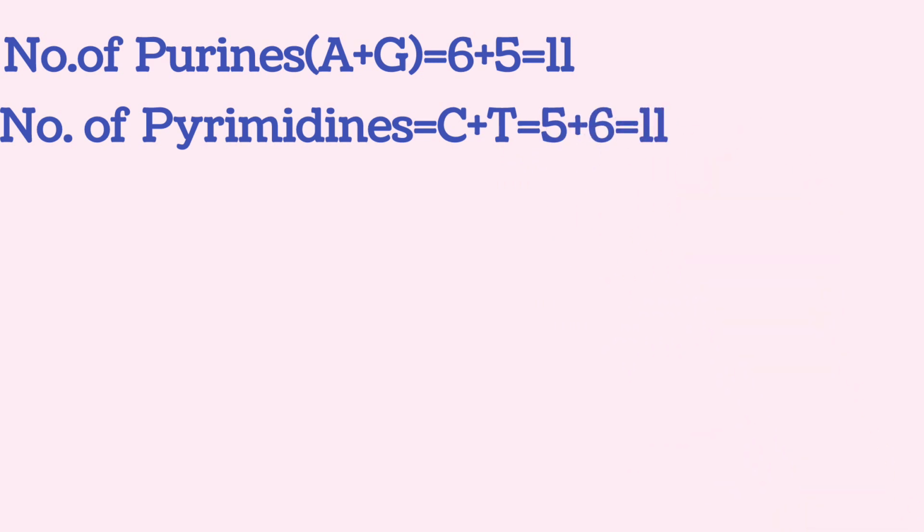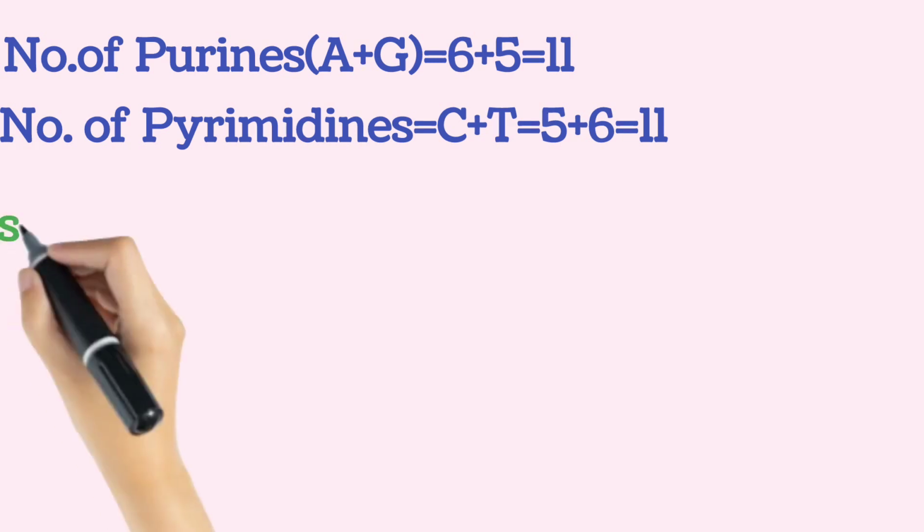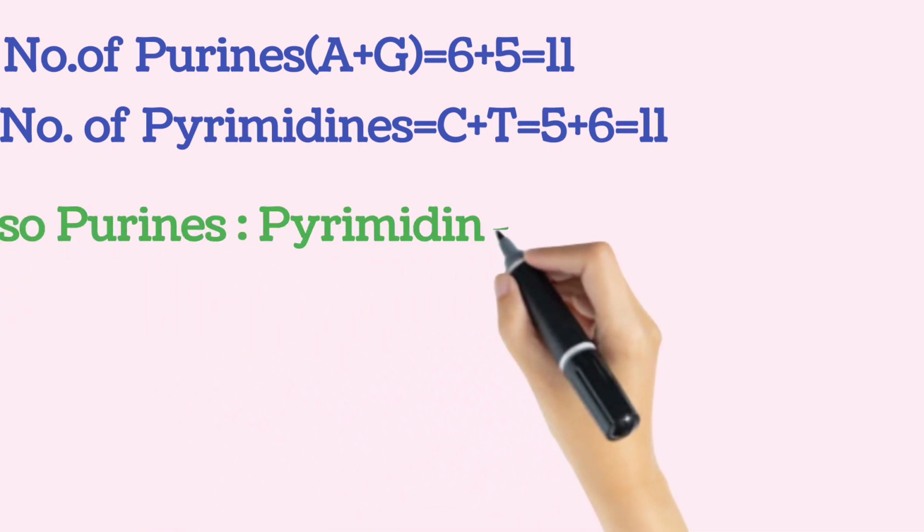So what will be the ratio of purines to pyrimidines? It will be purines A plus G by pyrimidines C plus T.